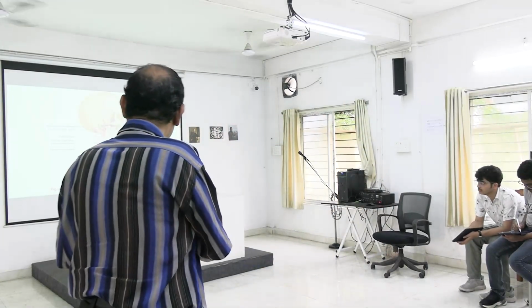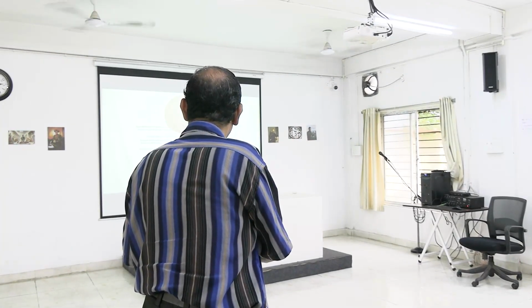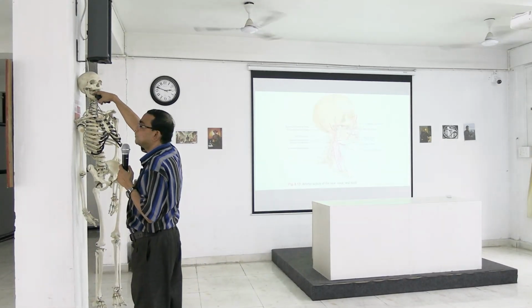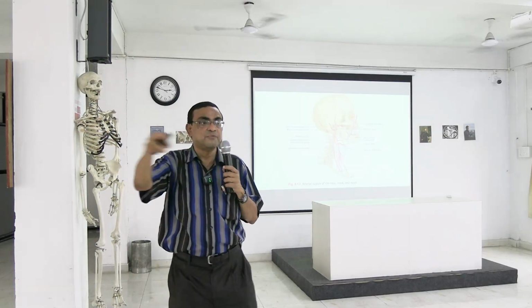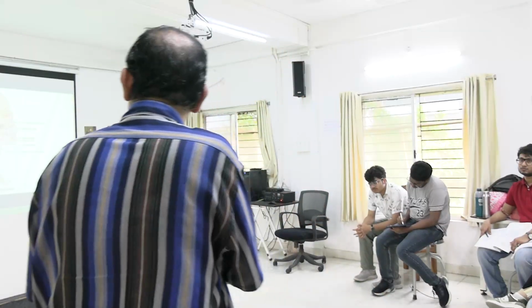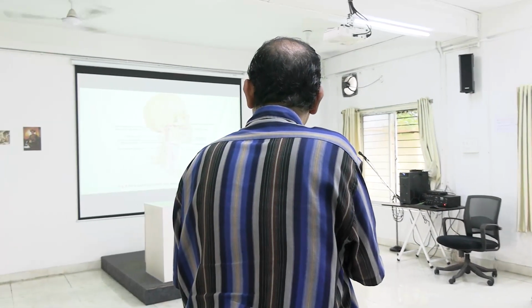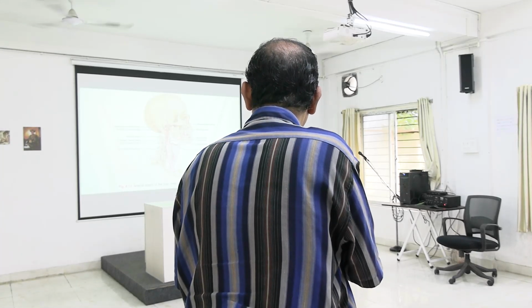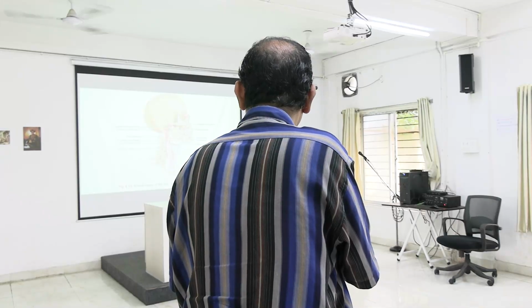Because the facial artery remains away, there is one opening that is called mandibular foramen. Here we are getting a mandibular foramen, and here also we are getting one mandibular foramen, that is the axis of movement. So the artery is away from the axis, so there is a chance of wear and tear, whereas the vein is towards the axis.